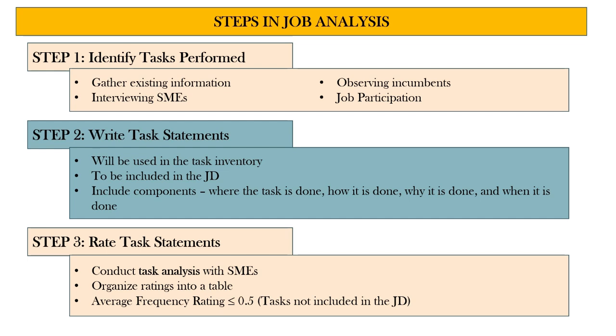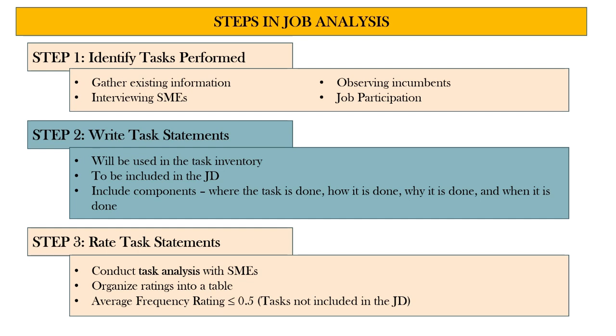You're going to allow the subject matter experts to rate your tasks and then organize their ratings into a table, and then you're going to scratch out or remove those that are not to be included in the job description. So those who receive an average frequency rating of lesser than or equal to 0.5 should not be included in your job description.